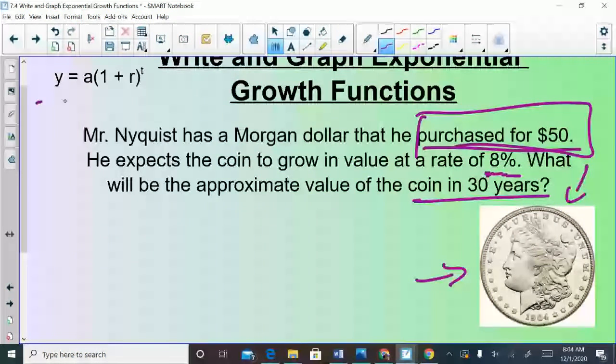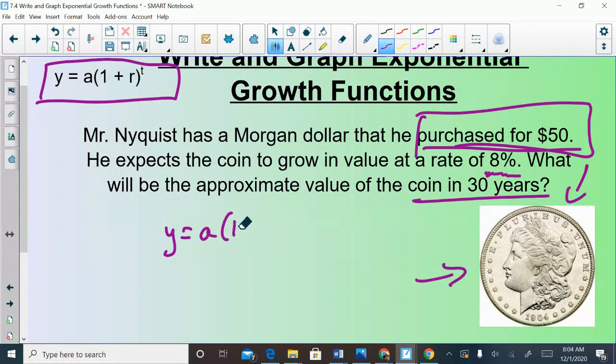So remember, from that formula that we had on the first slide, the exponential growth formula is given right there. Y equals A, 1 plus R to the T power. A is your initial amount. In our problem, this coin was originally worth $50, so that's going to be the value of A. R is going to be your rate.